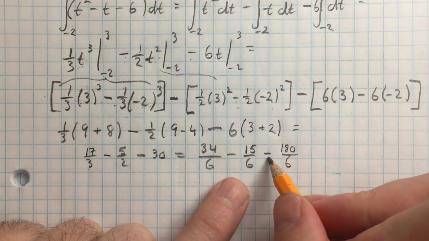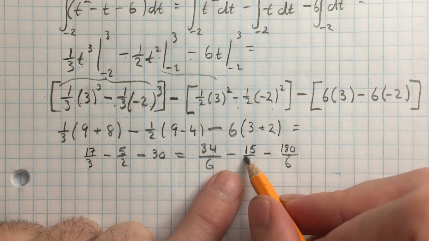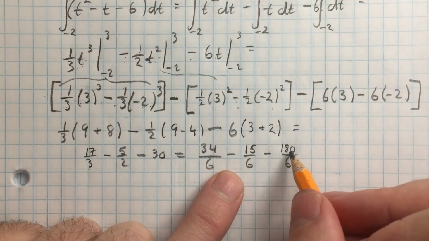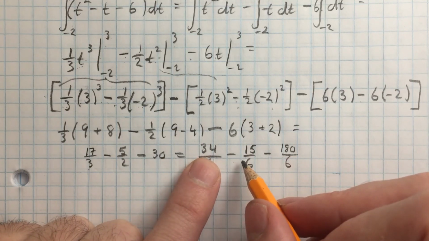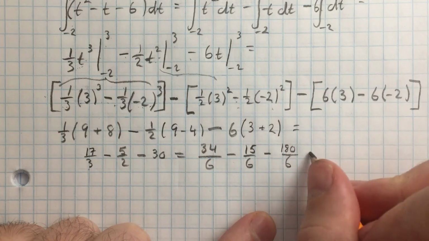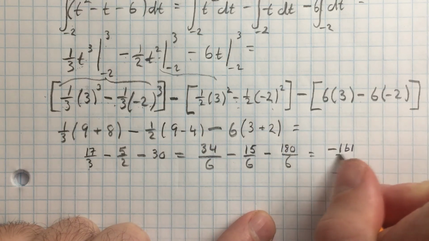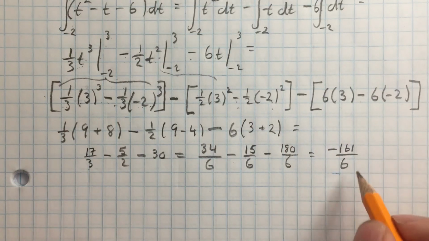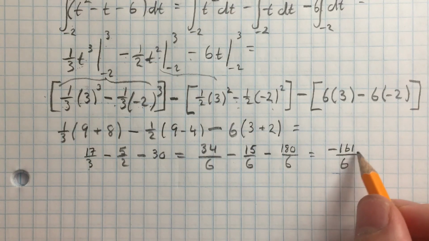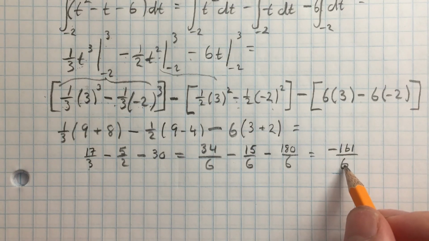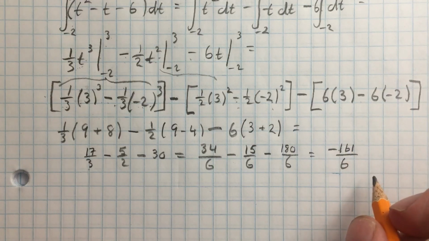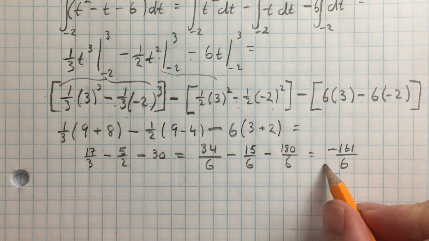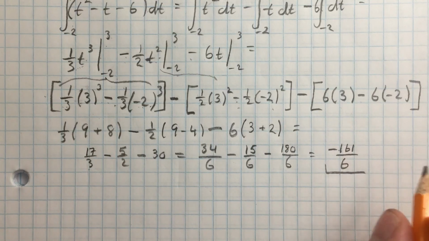So negative 180 and negative 15 should be negative 195. Negative 195 and 34 should be negative 161. So we get negative 161 on 6. And 2 does not go into 161 because it's an odd number, and 3 does not go in because 6 plus 1 is not divisible by 3 either. So this is our final answer, negative 161 over 6.